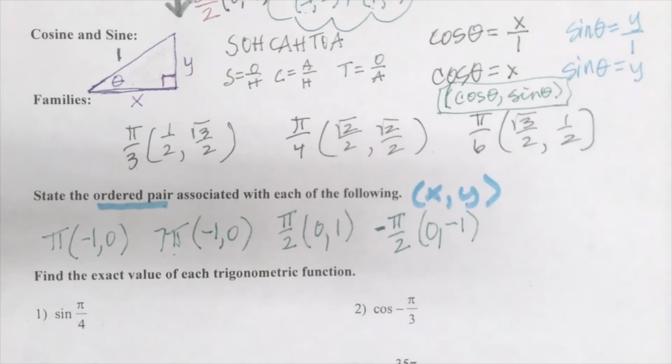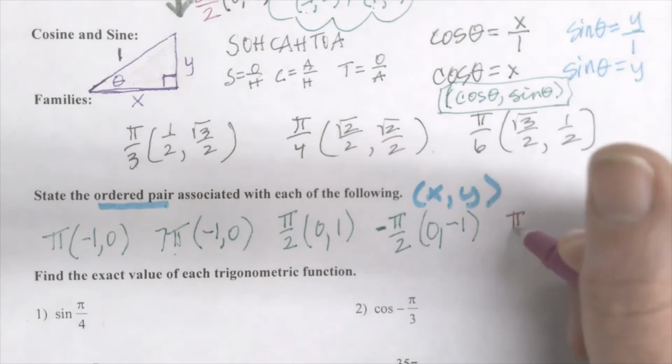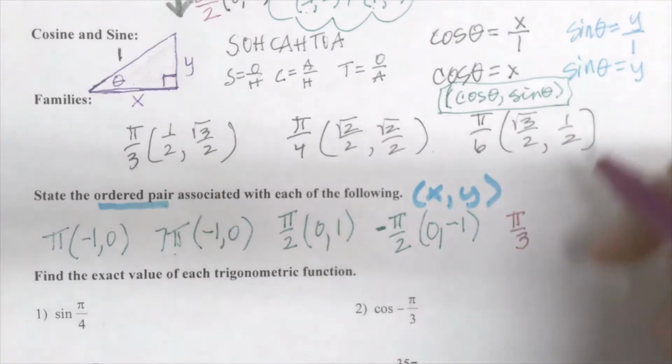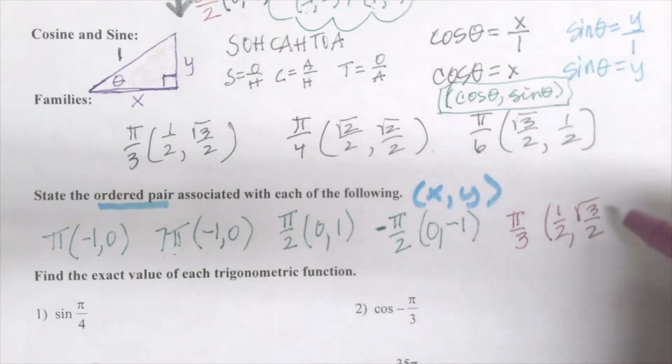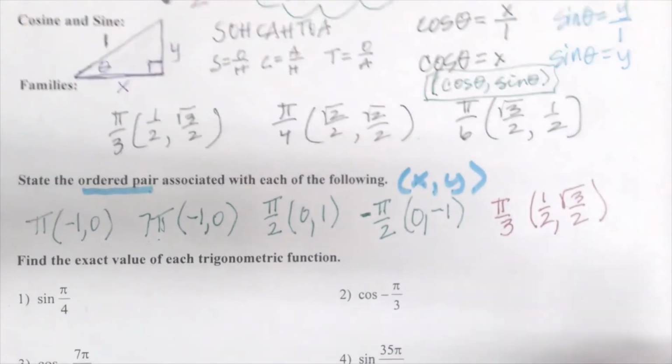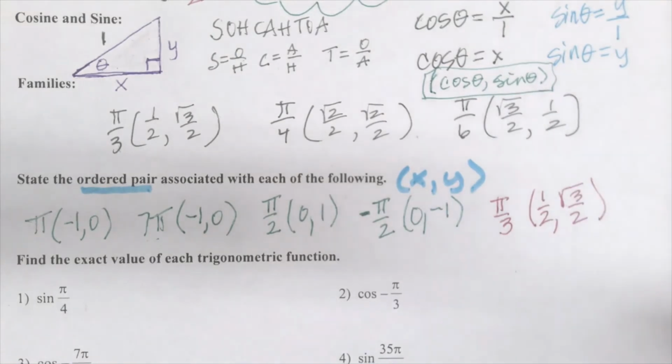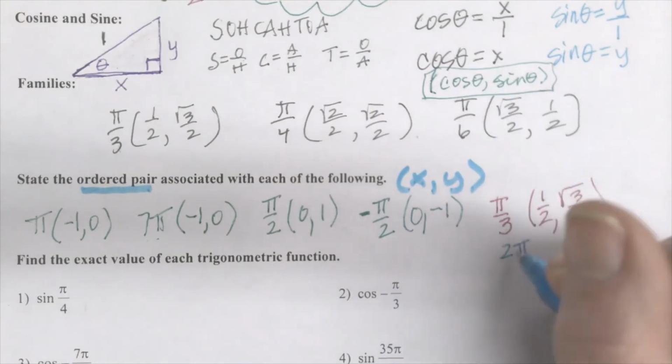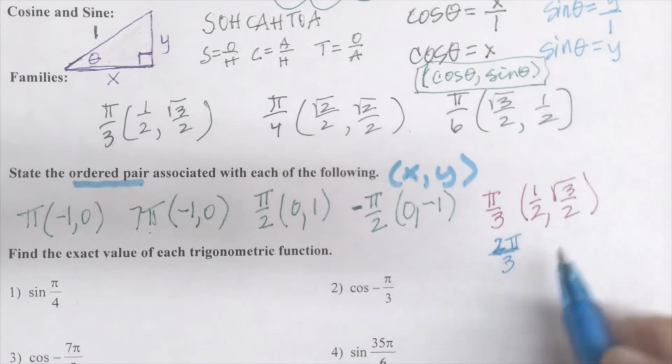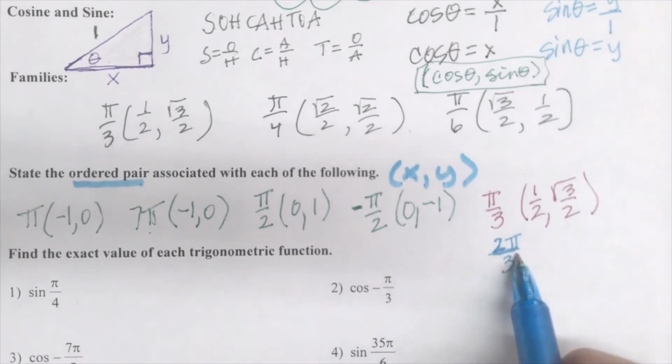I can do that with the families as well. What's the ordered pair associated with pi over 3? Well, we already found that. That's 1/2, comma, square root of 3 over 2. What's the ordered pair associated with 2 pi over 3? Well, now let's just move around the unit circle like we did yesterday. This is the pi over 3 family, because the denominator is 3, and as long as this is reduced, it's the pi over 3 family.